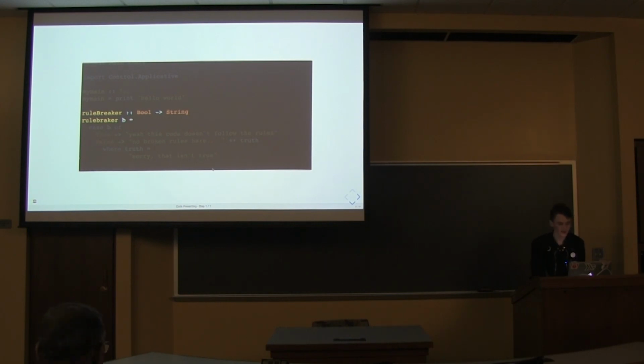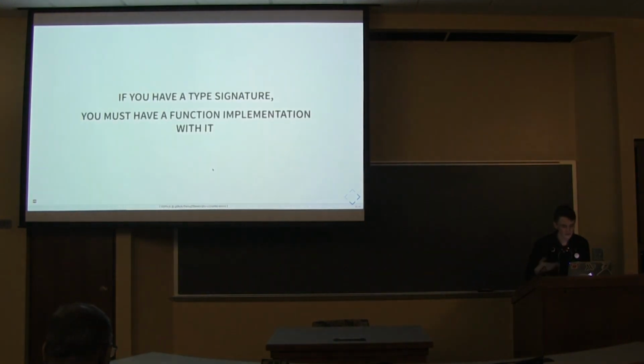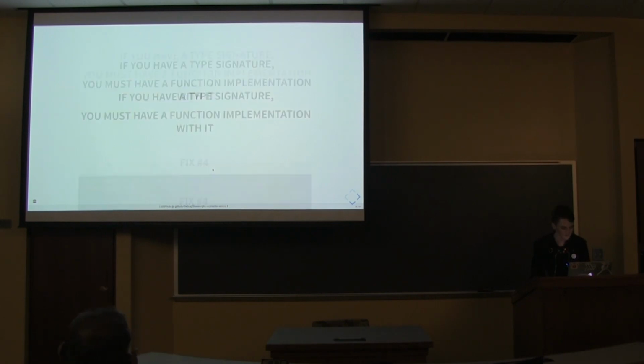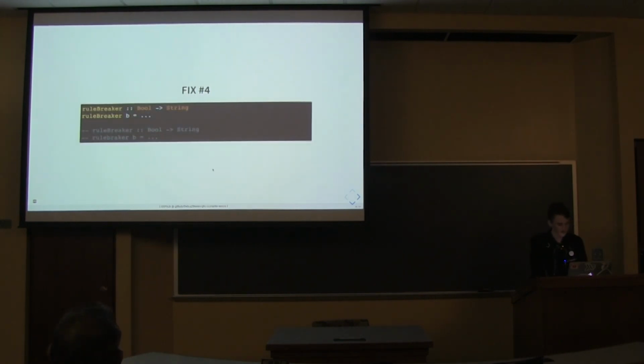I didn't really understand what it was saying. If you're getting that error, it's like, hey, you don't have an accompanying binding. You probably just typoed it, or you haven't actually created the function yet. If you have a type signature, you have to have a function that goes with that type signature.